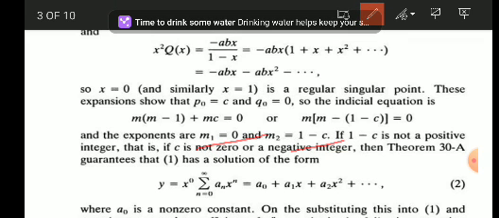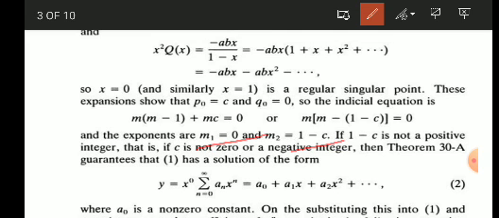The first solution is y equal to x raised to m1.